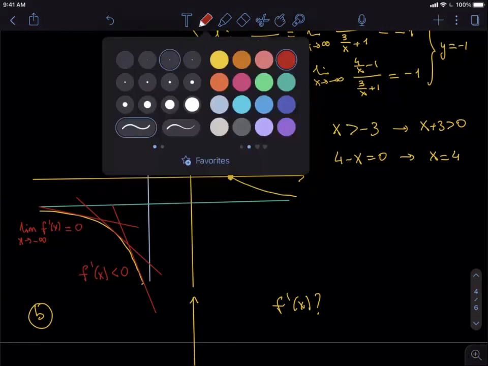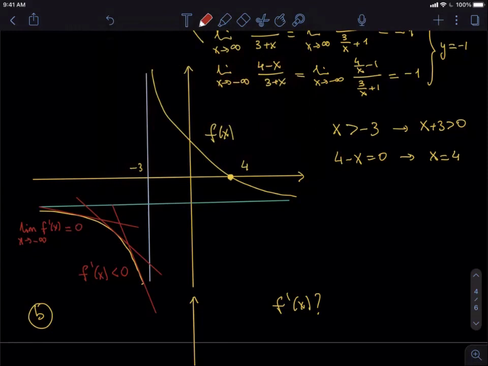And then as we approach x equals -3, we are going to have more and more vertical slopes. That means the limit as x tends to -3 from the left of the derivative must be negative infinity, a completely vertical slope coming from the negative, so more and more decreasing slopes.